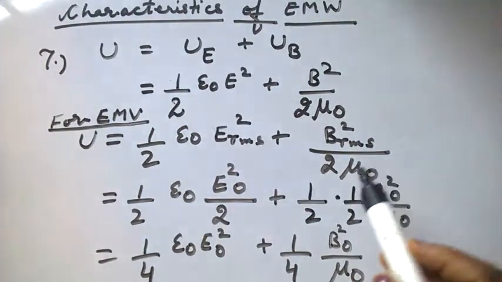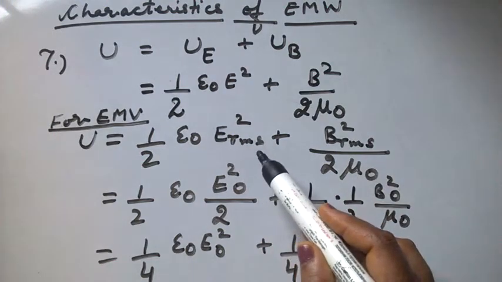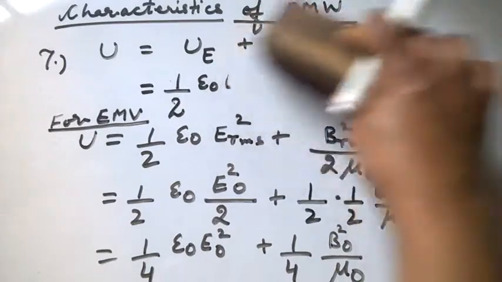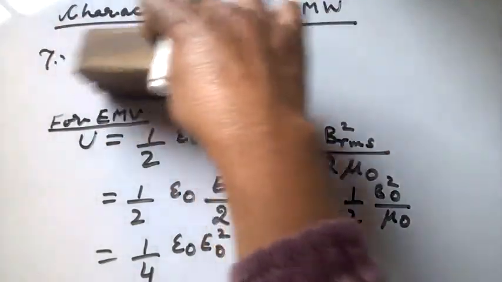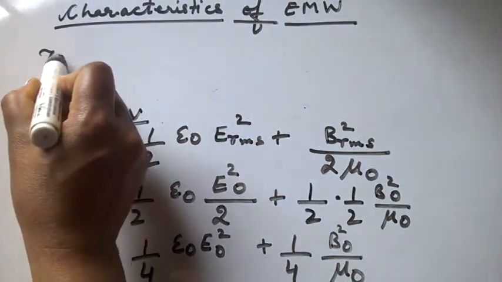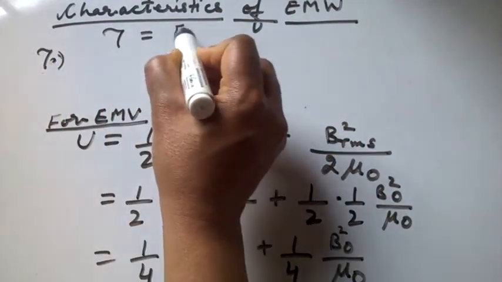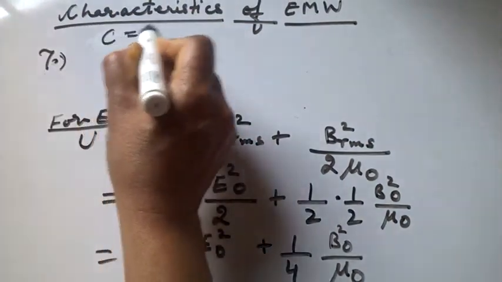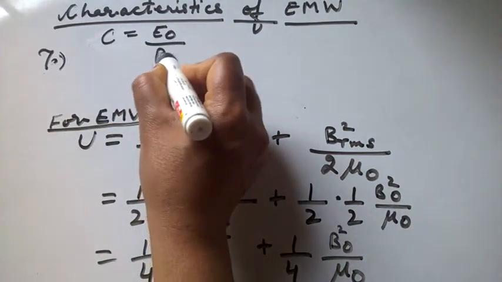Now here we can convert this BRMS square in terms of ERMS square. As we know, the speed of light, which is equal to the speed of an electromagnetic wave, can be written in terms of the amplitudes as C is equal to the amplitude of the electric field divided by the amplitude of the magnetic field.